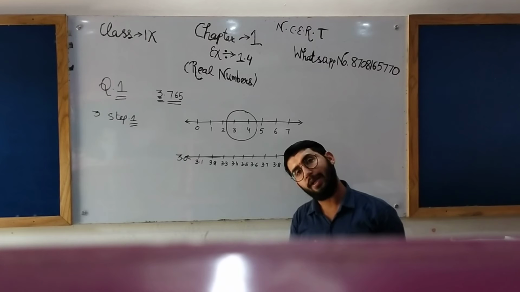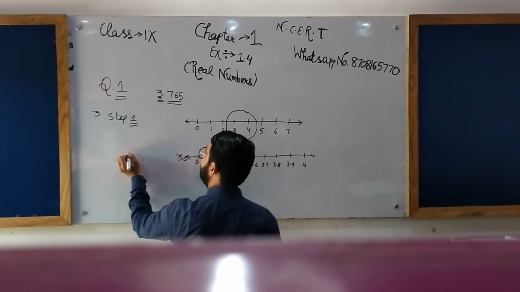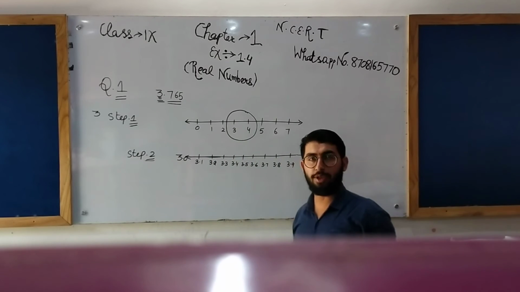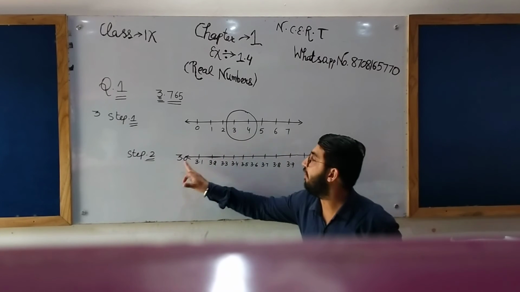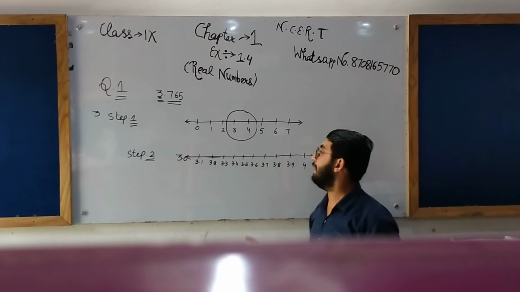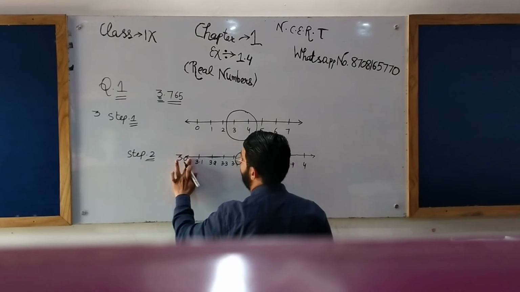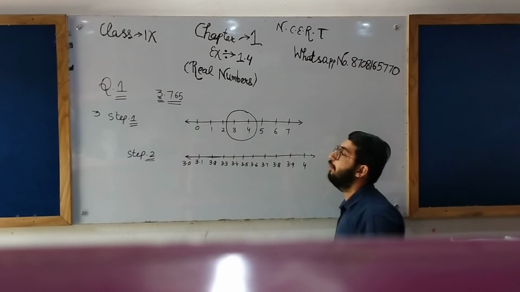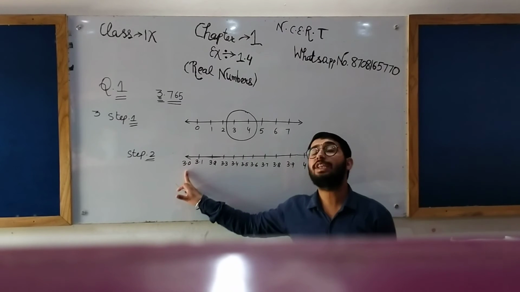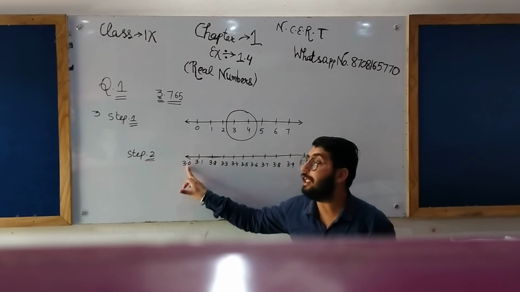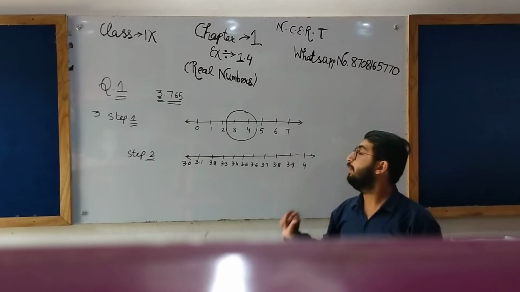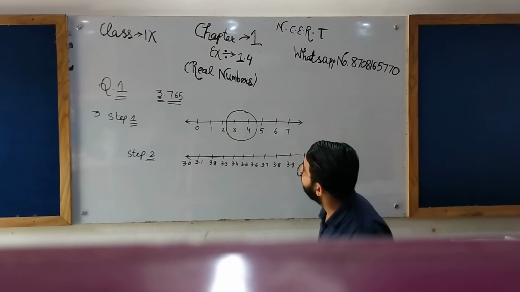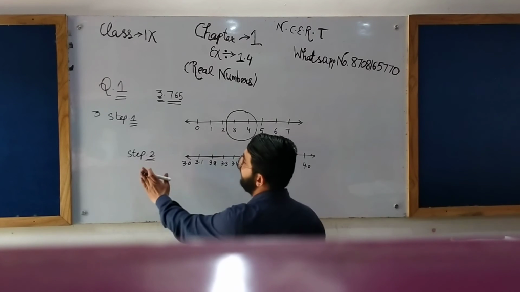Step 2 is to take 3 and 4 and make a separate line starting with 3 and ending with 4. It's better to write it as 3.0 so that it will be easy for you to count from 0 to 10. Clear?